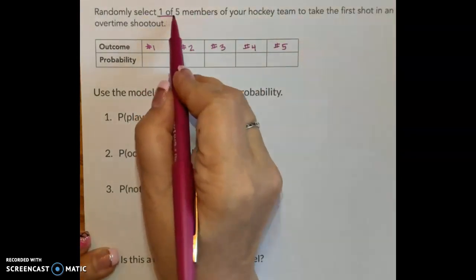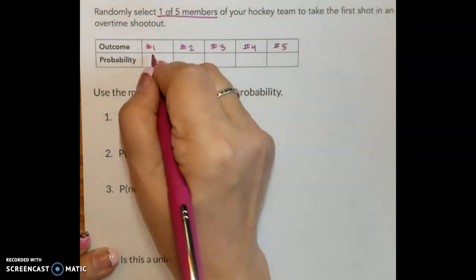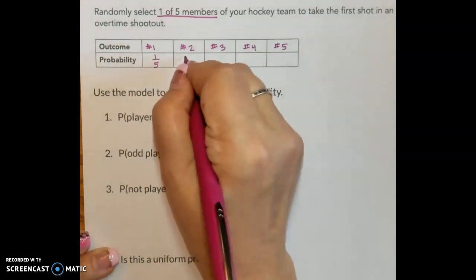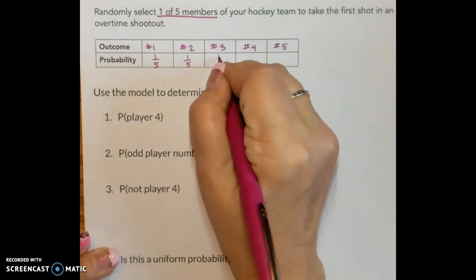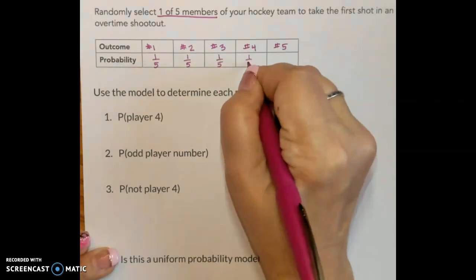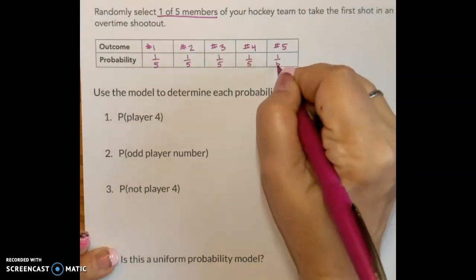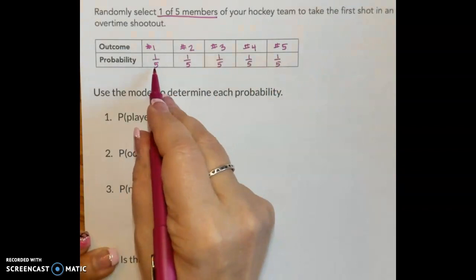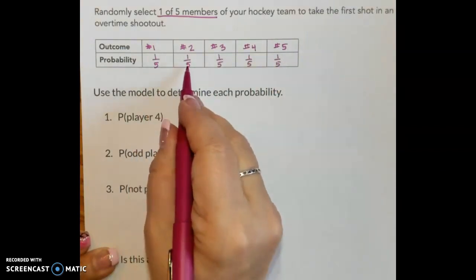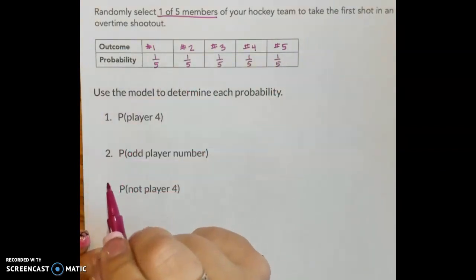Okay, they're telling us 1 out of 5. So that means our probability for each of these is 1/5. There's only one player number 1 out of 5 possible players. Only one player number 2 out of 5 possible players, etc.